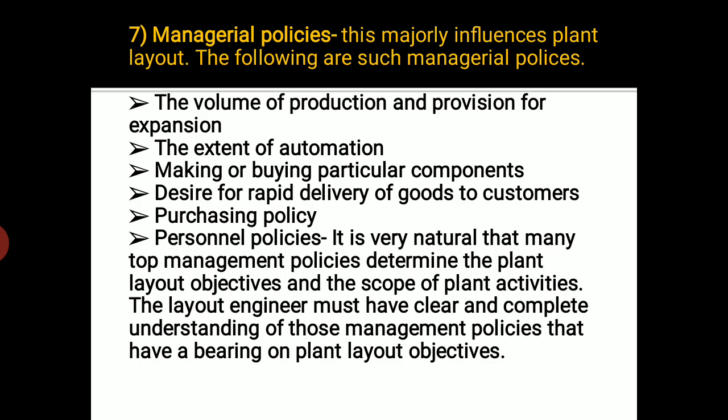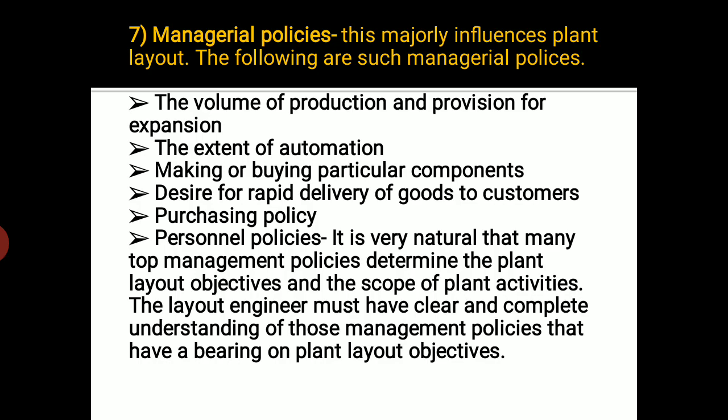Suppose you have decided that whatsoever happens, you will not produce more than 3000 units per month, then that is a policy decision on the part of management, right? Or you have made a provision of expansion that for the next 5 years we may not think of something, but after 5 years we want to expand our business to this level. So that becomes the first thing.